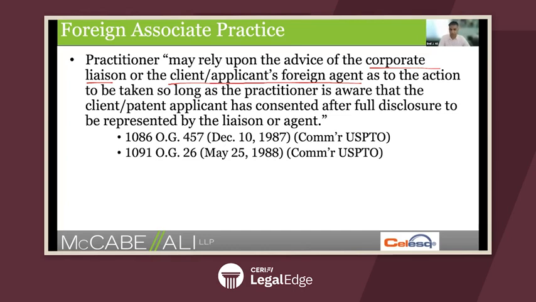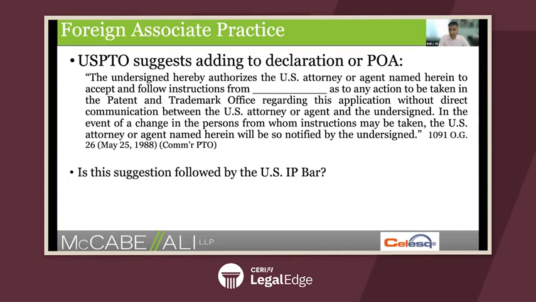So what's another part of this that people often forget, though? The USPTO, in that same OG notice, said you should consider, it's not required, but consider adding what I call a permission slip. The undersigned, meaning the applicant, authorizes the U.S. attorney or agent named herein to accept and follow instructions from the foreign associate or liaison.